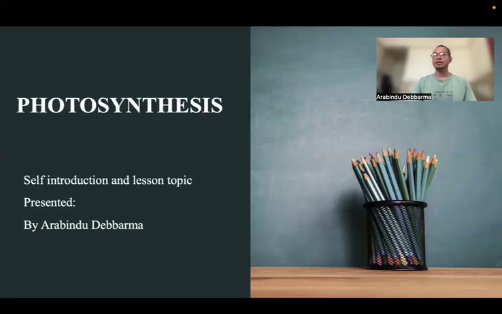As we all know, photosynthesis is the primary process through which plants prepare their own food in presence of sunlight. As we say, photo means sun or light, and synthesis means preparation. So photosynthesis means the preparation of food in presence of sunlight by the plants.